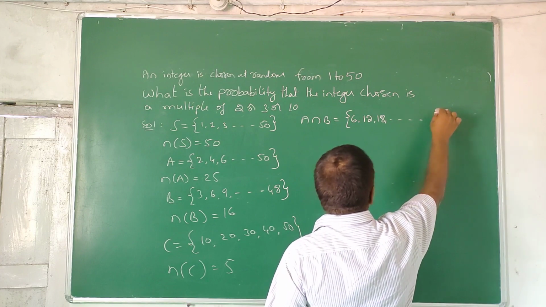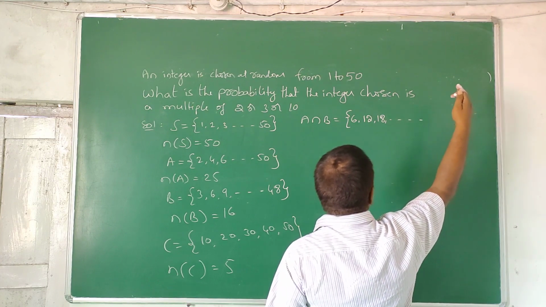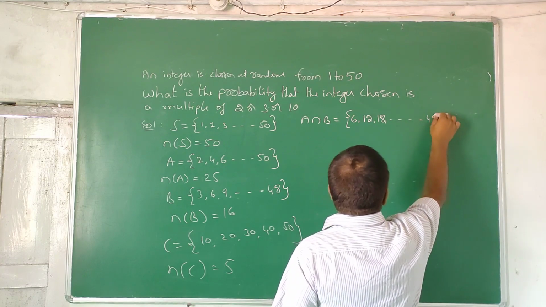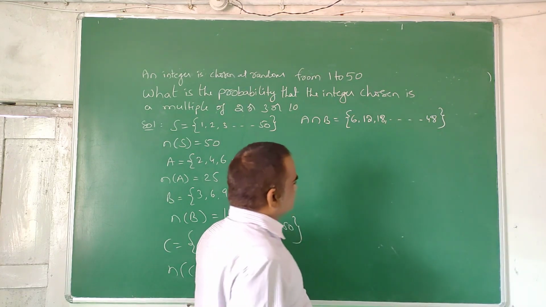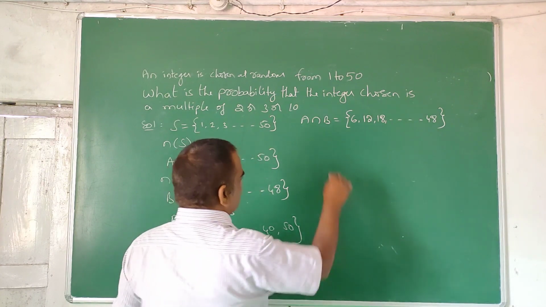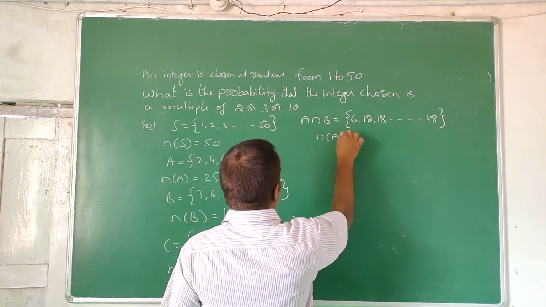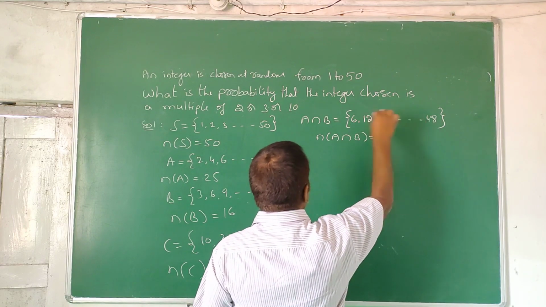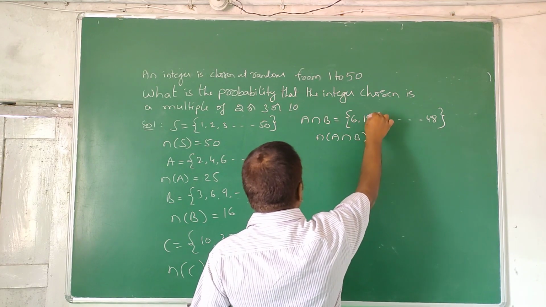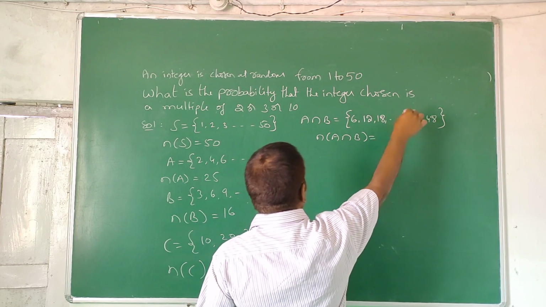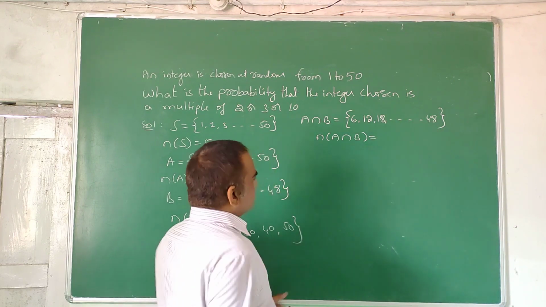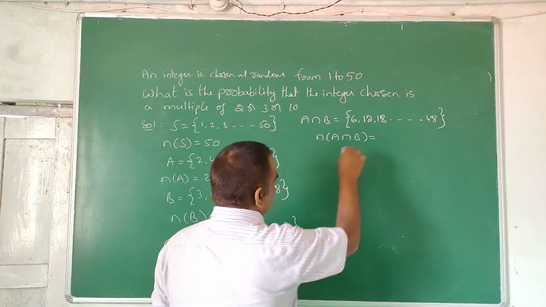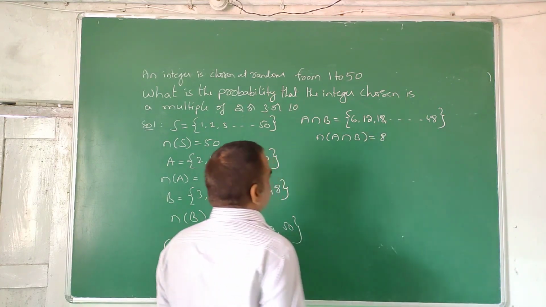You have to go up to the number which is 50 or less than 50. So it is 48. So n(A intersection B) is 48, it is 6 to 48, means how many are there? 6 1s, 6 2s, 6 3s, and so on, 6 8s are 48, right? So n(A intersection B) is 8.